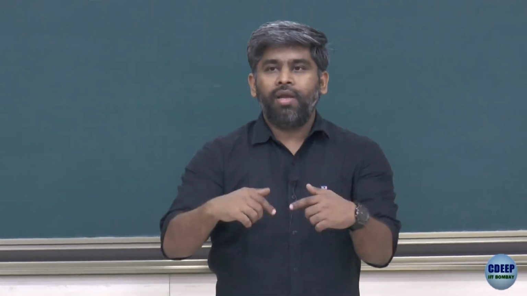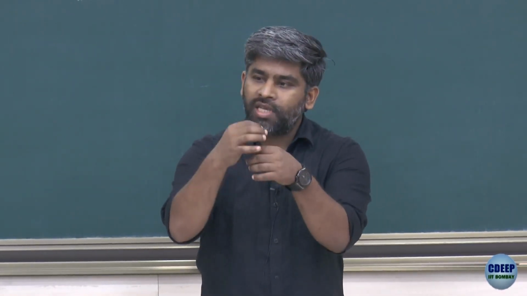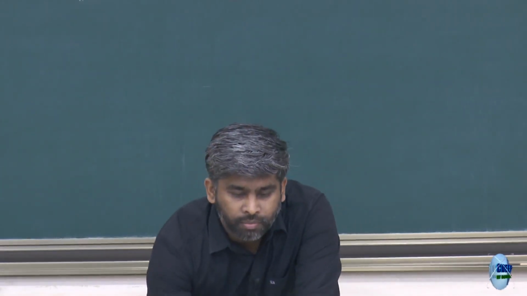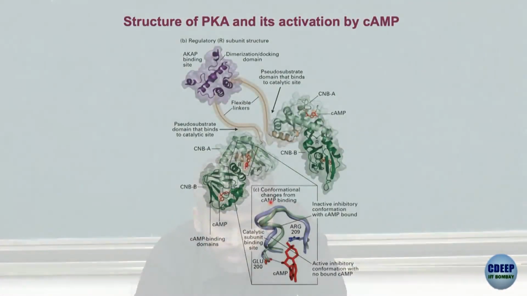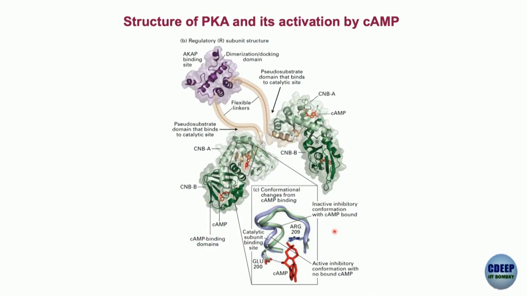So, the moment your cyclic AMP binds into these cyclic AMP binding regions, you can see the conformational changes. When you have the inactive inhibitory conformation, which is shown in this green color, there are these amino acid residues which it is engaged with.